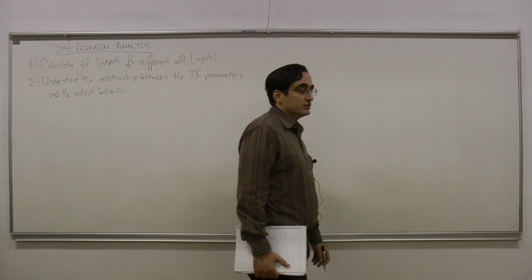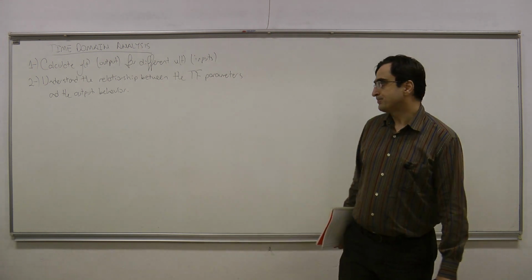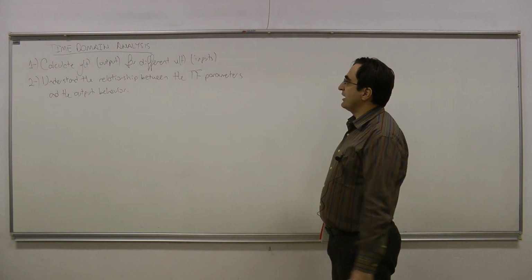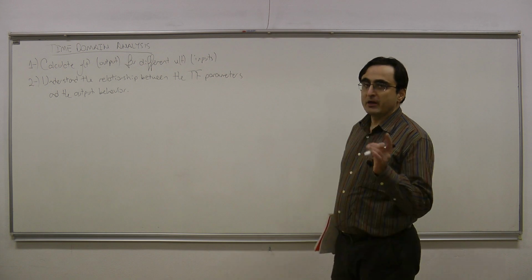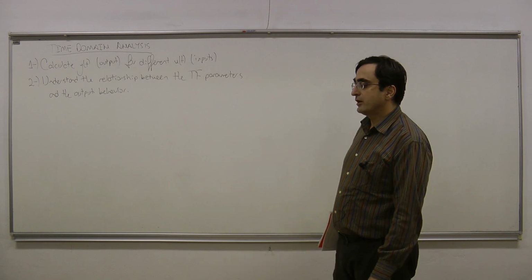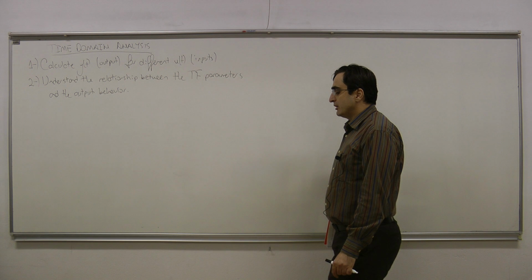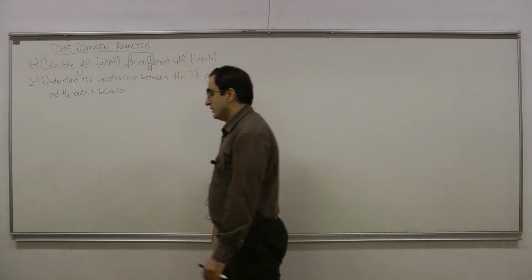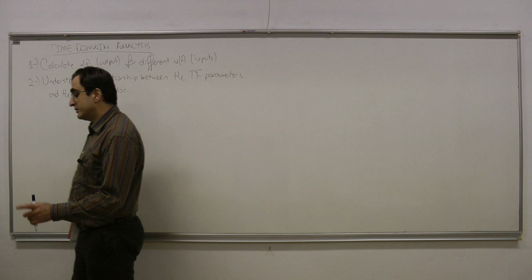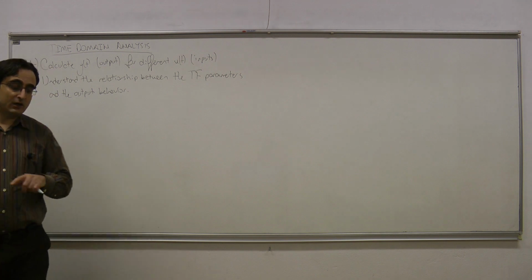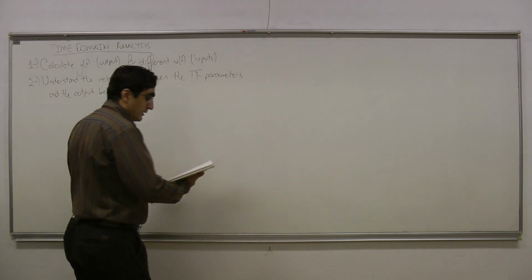So this is the main aim of the time domain analysis, finding out the relationships between the transfer function parameters and the output behavior, or between time domain quantities and Laplace domain quantities.